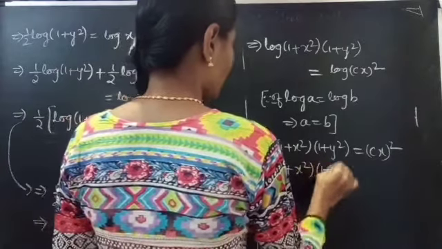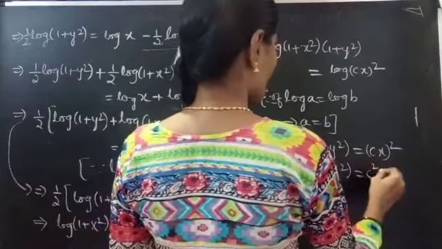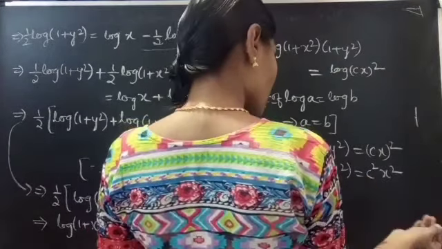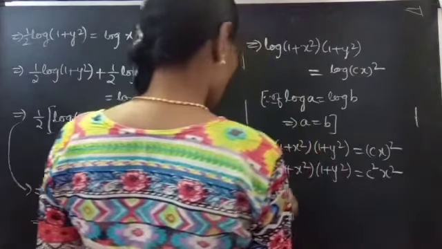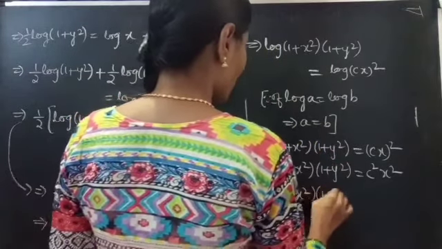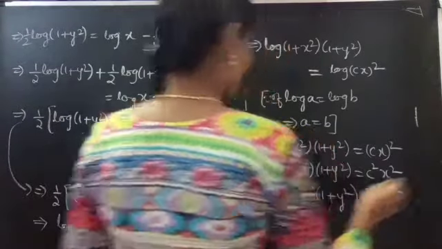Then 1 plus x square into 1 plus y square equals cx whole square can be written as c square into x square. Since c is constant, c square will also be a constant. Again, you could write this as 1 plus x square into 1 plus y square equals c into x square.